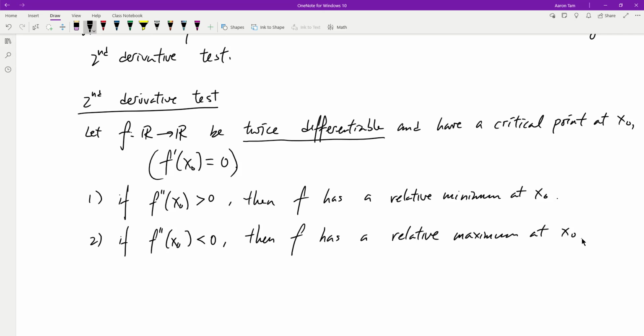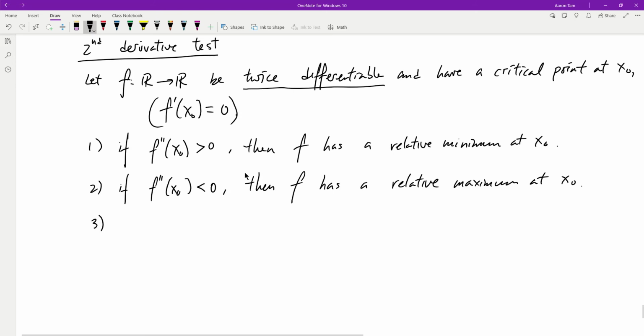Now, a third scenario, which some of you probably remember from BC calculus, is the inconclusive scenario. But here I'm going to go a little bit more in depth and say, if f double prime of x sub 0 is equal to 0, that usually is the inconclusive case.